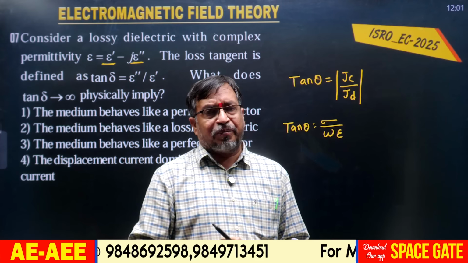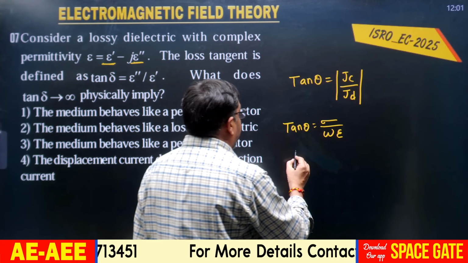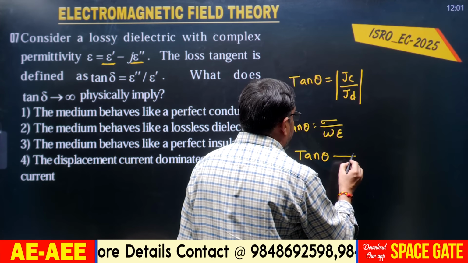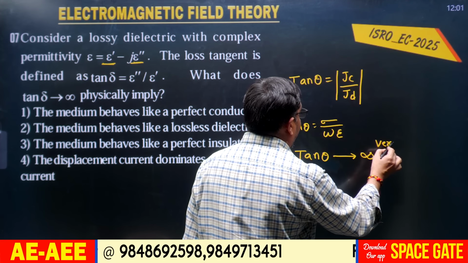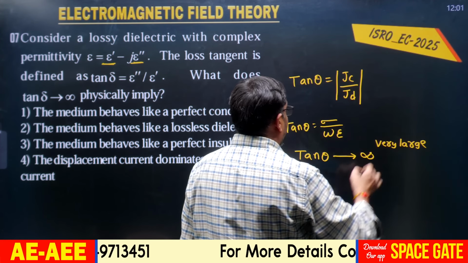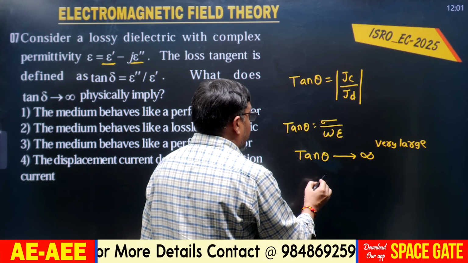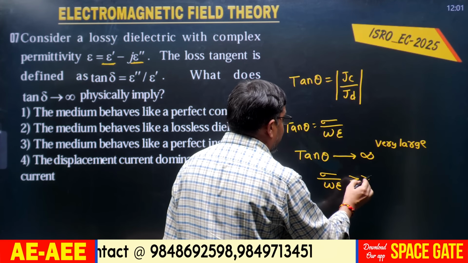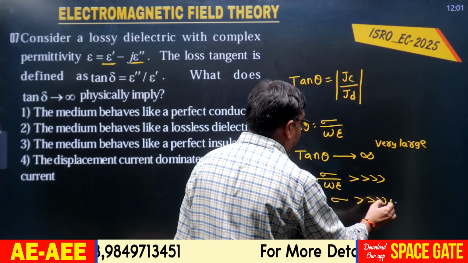This is the definition. So here one condition is given: if tan theta tends to infinity, that means the value is very, very large. Now I am substituting this condition in our equation. That means sigma by omega epsilon is a very large value, that means sigma is very much greater than omega epsilon.